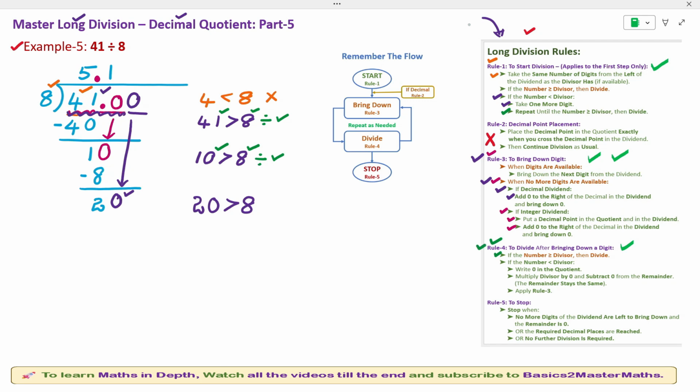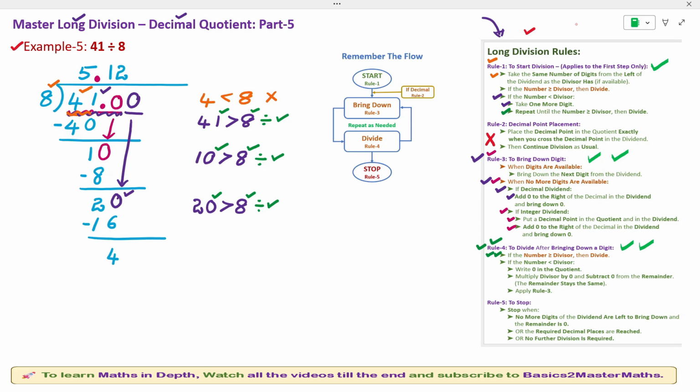Let us apply rule 4 again. If the number is greater than or equal to the divisor, then divide. 8 twos are 16, so you will get 4 as the remainder. Now rule 4 is complete second time.